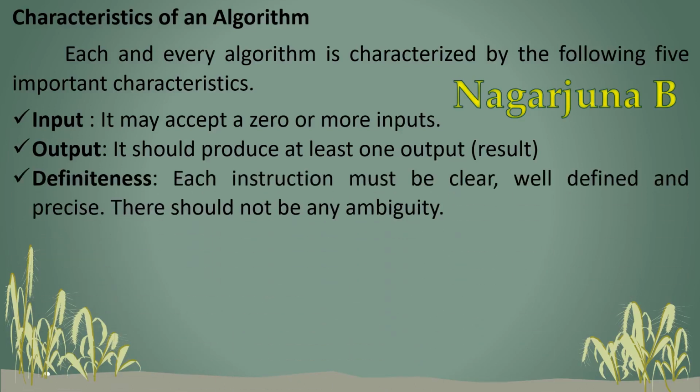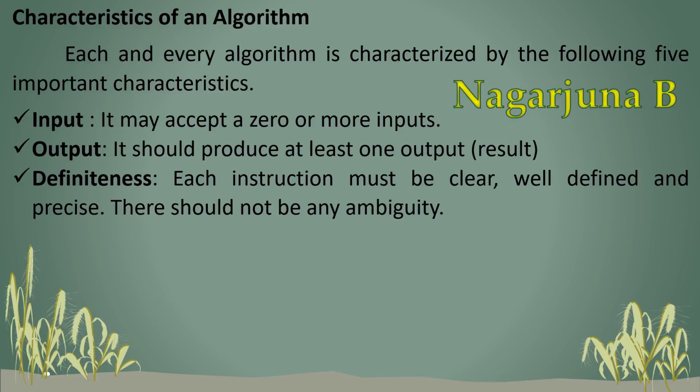Then the third characteristic, definiteness. Whatever instructions you are going to write in an algorithm, each of those instructions must be clear, well defined and precise. There should not be any ambiguity.